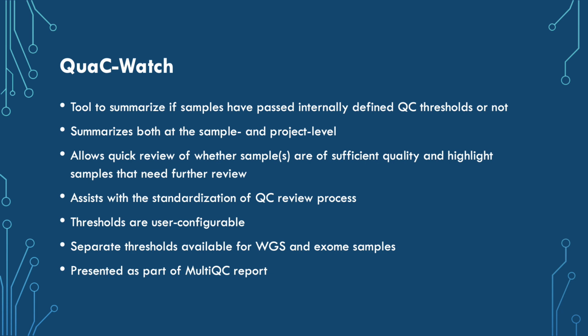It looks at a QC metric, compares it to the expected threshold, and tells you if the particular QC metric passed or failed the threshold, and then it aggregates all these summarized results. A QC analyst can use this output to say if the sample has passed or not, and if it has not passed, why it may have failed.